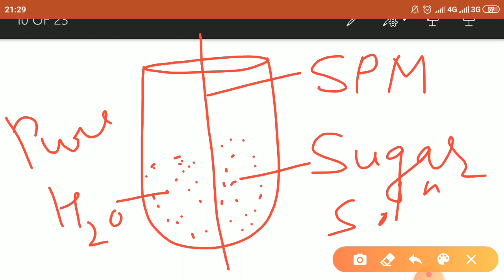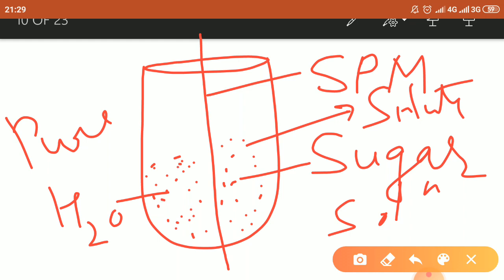In which liquid is the concentration of solute more? Solute concentration is more over here. As we have discussed, there will be no movement of solute. The movement of water will be here. So water is more on this side. These water molecules start moving from higher concentration to lower concentration through the semi-permeable membrane.